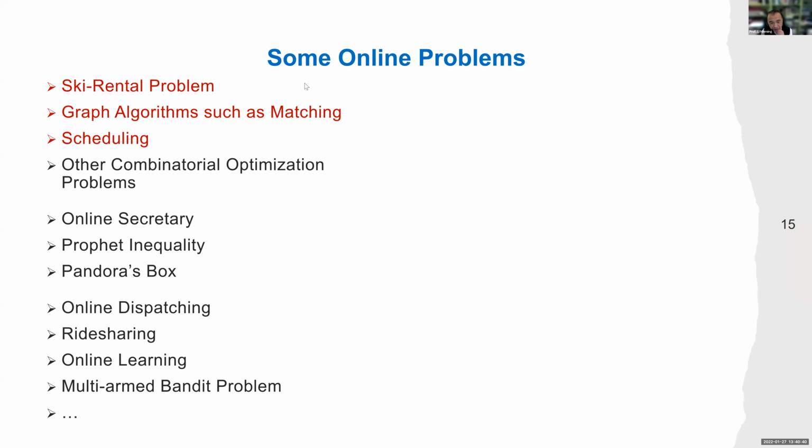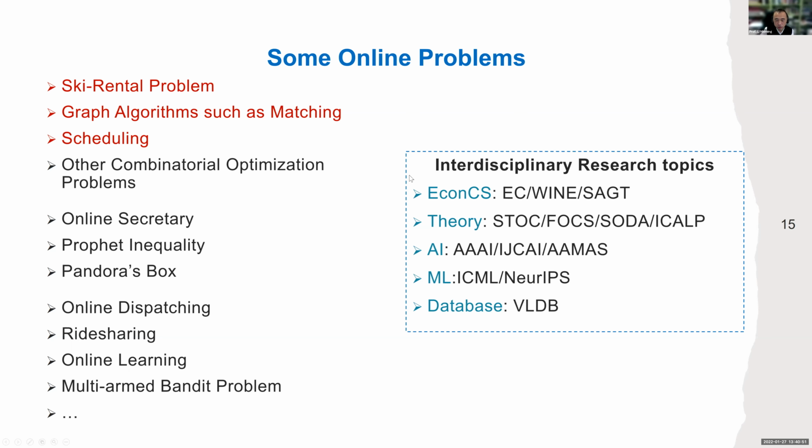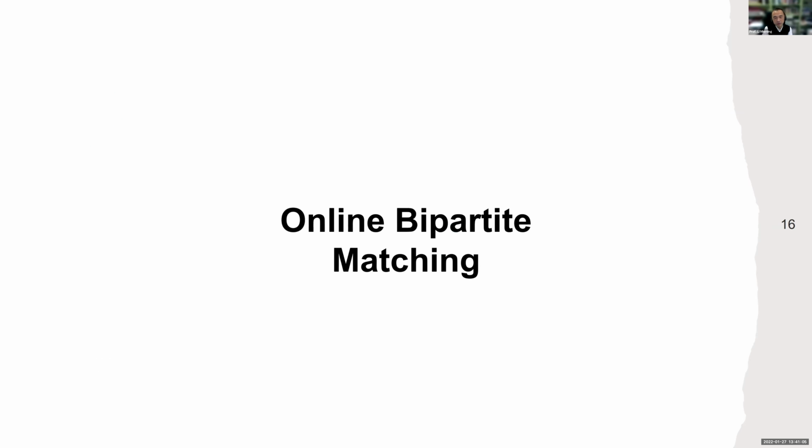But again, due to the time limit, we are not going to talk about many of these. These research topics go to many top conferences in CS. There are many venues here, and I believe some of you may know some of them, but again, we are not going into detail about where they can go.